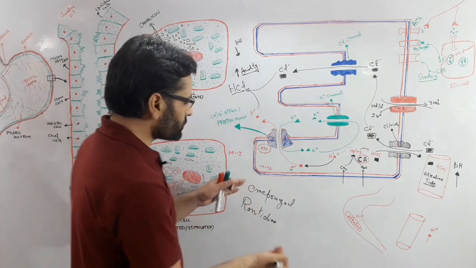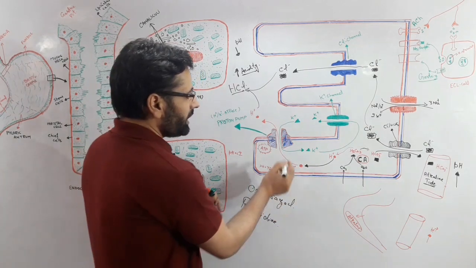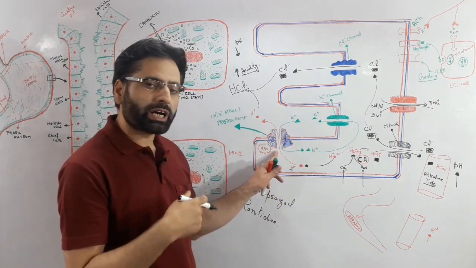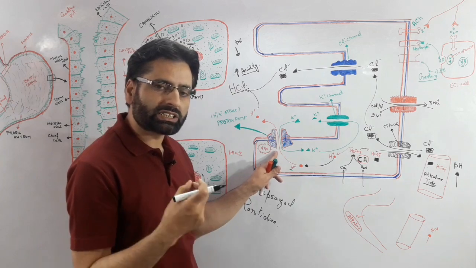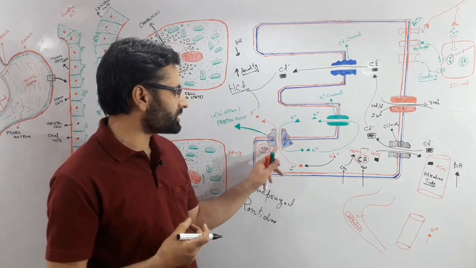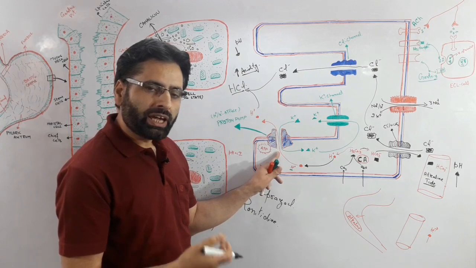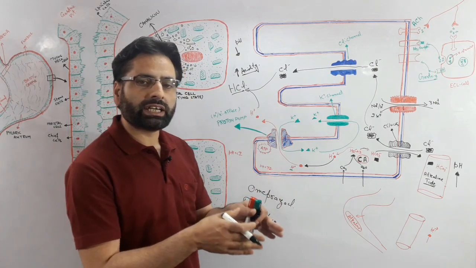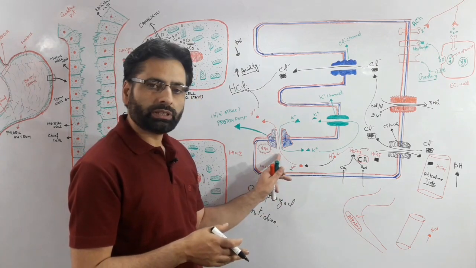and omeprazole covalently binds to the cysteine residues present in the alpha subunit of the proton pump, and thereby blocks the activity of the proton pump.